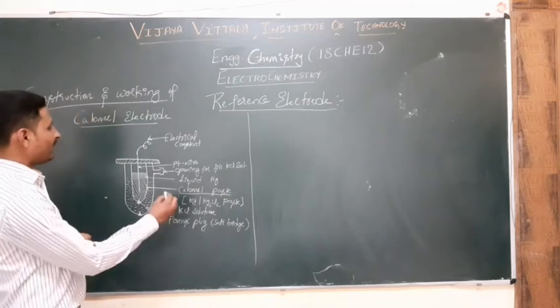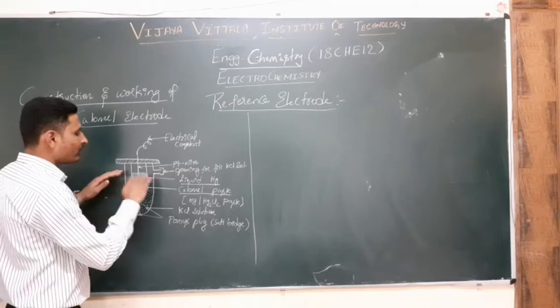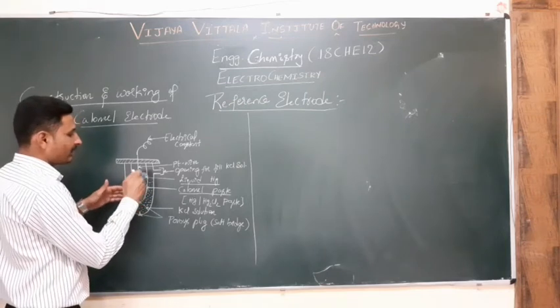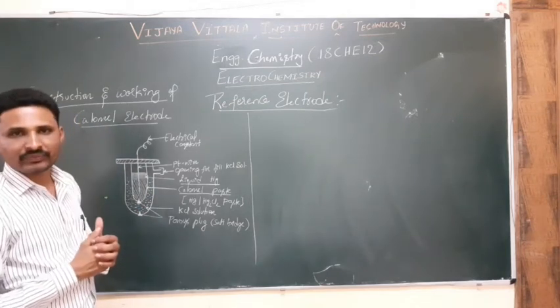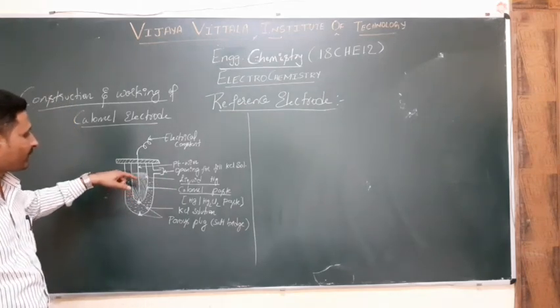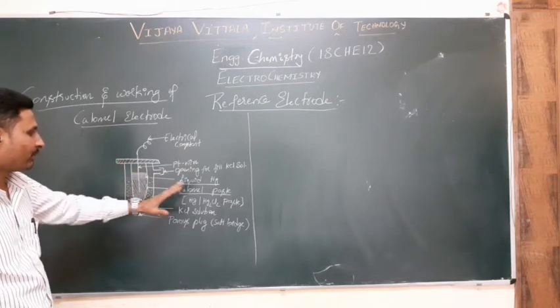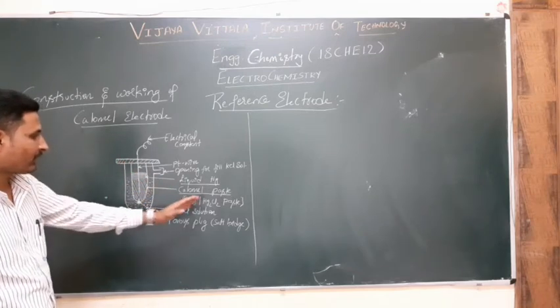Then liquid mercury is filled just above the calomel paste, the mercury chloride paste.